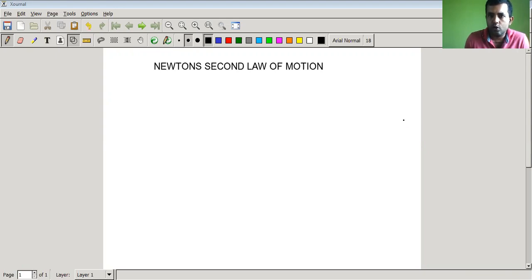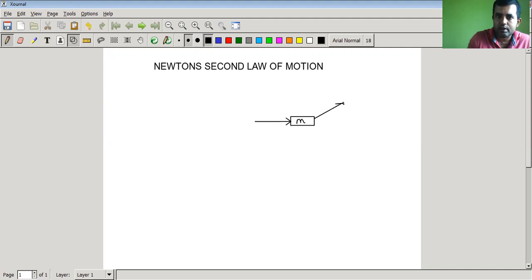Now, if I want to write Newton's second law of motion in one line, it goes like this. If I have a system, right? Let us say this is a block. So this mass is my system, and let us say that different forces are acting on it.